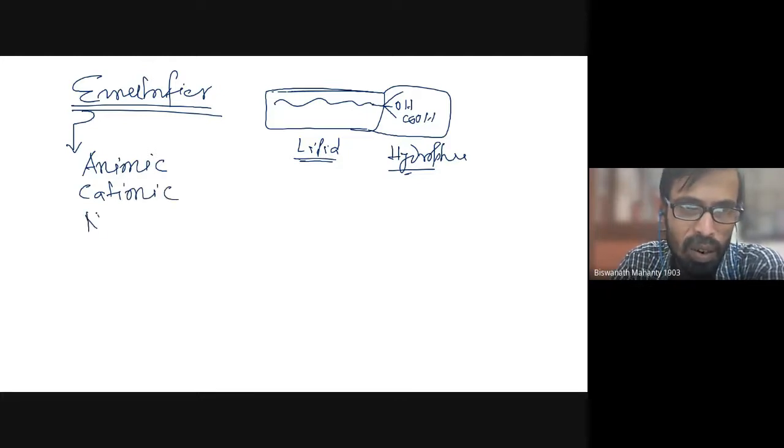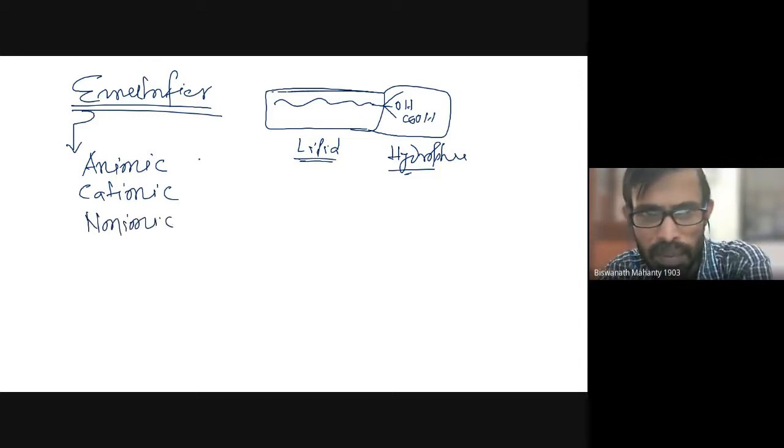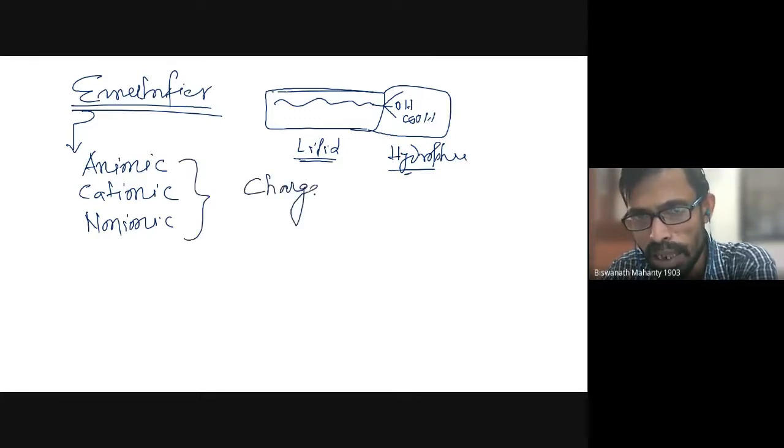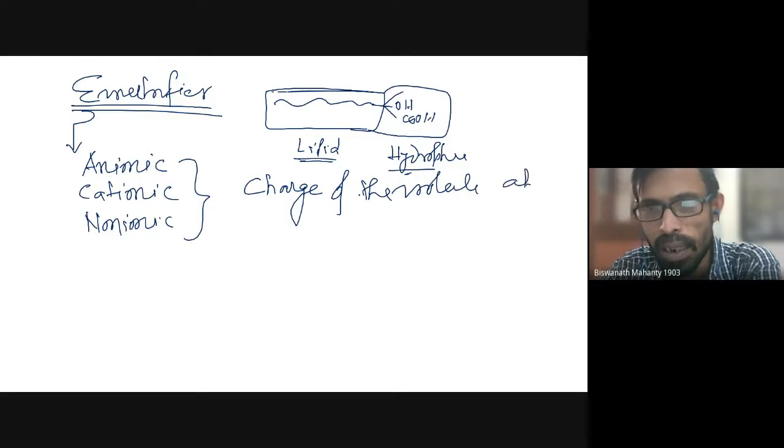Another is non-ionic. This classification is based primarily on the charge. Is the molecule positively charged at neutral pH? Because charge is going to change.